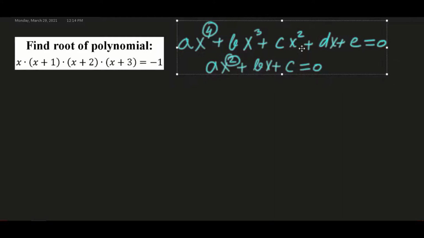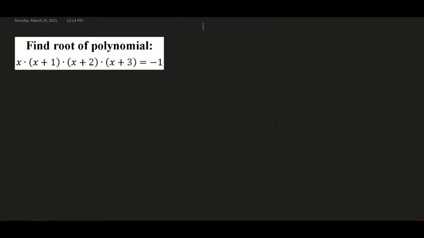Now let's go. Here we must find the root of this polynomial. Now we will have x plus 2, x plus 3, that is equal to minus 1. Now we must change the place.